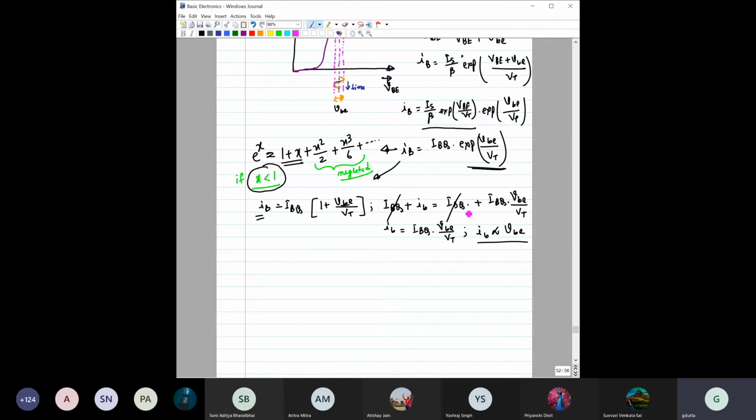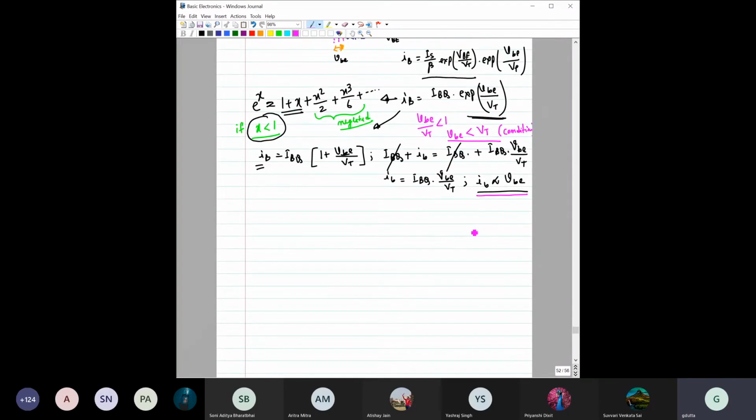Here x means v of be by VT is less than 1. So that means v of be is less than VT. This is the condition for which you can get a linear relationship between input and output.